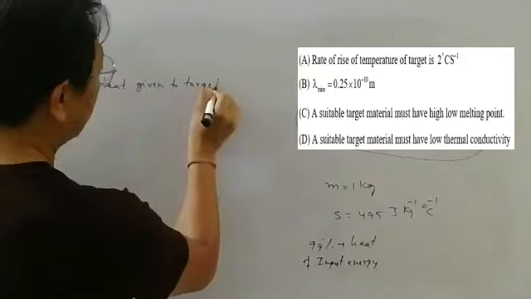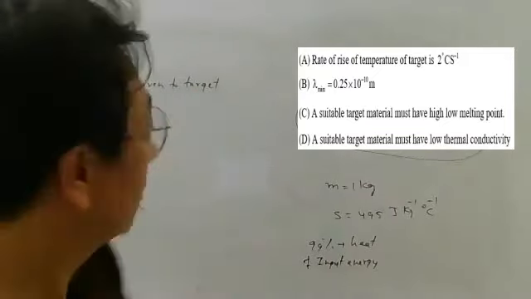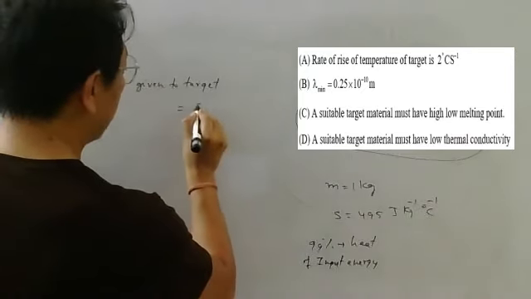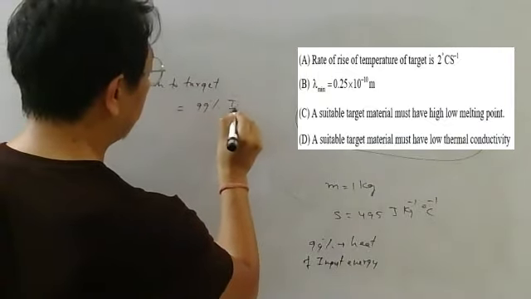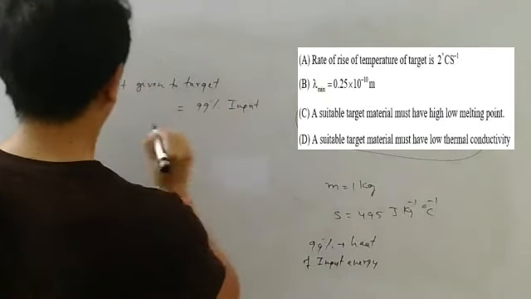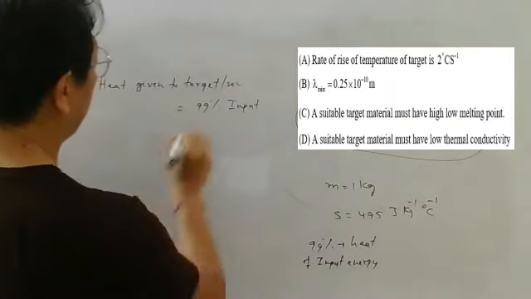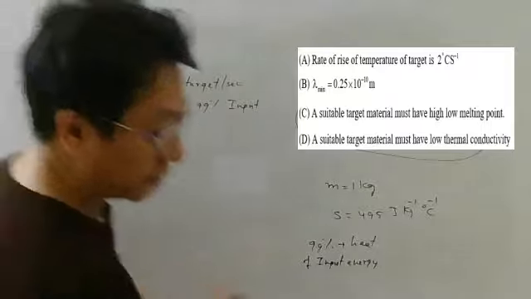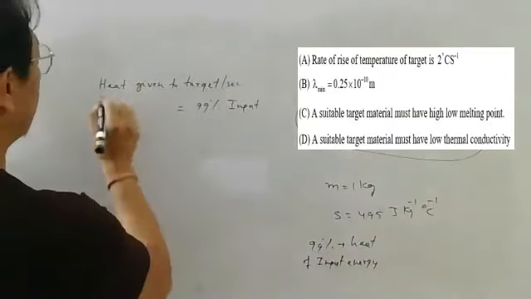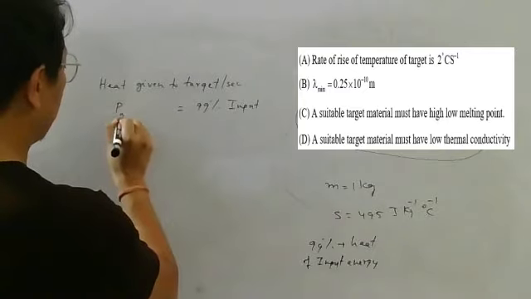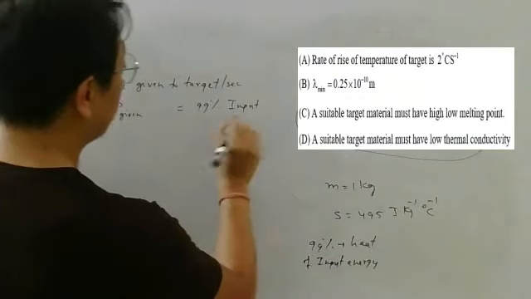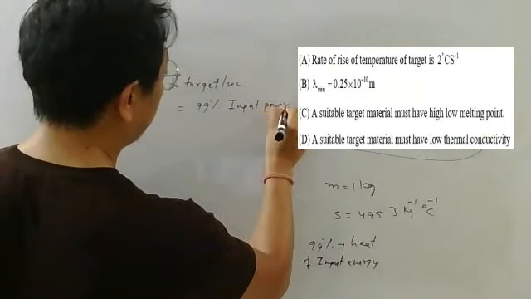To calculate rise in temperature, we need heat given. So heat given to target will be 99% of input, let's say heat energy given per second. That will be power given. Let me write in terms of power. So power given is 99% of input power.